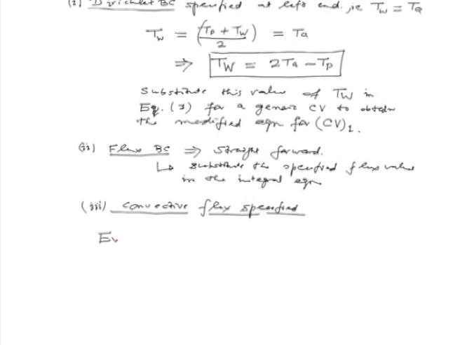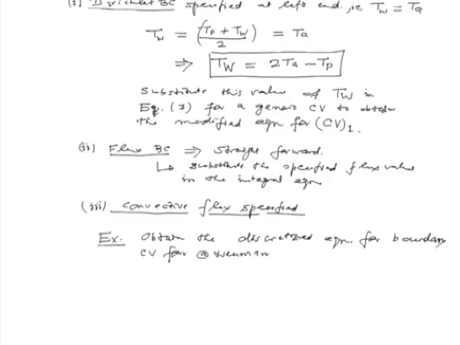So, I would leave these expressions as an exercise for you. Obtain the discretized equations for boundary CV for a Neumann and convective BCs.